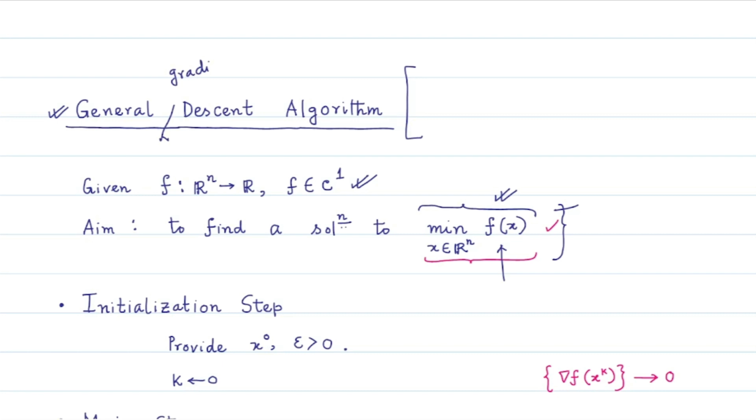Gradient, this term is also used because in evaluating the direction dk, we use the information of gradient of the function f. So here the standing assumption is that the function f is continuously differentiable. By that we mean the function f has continuous first order partial derivatives.